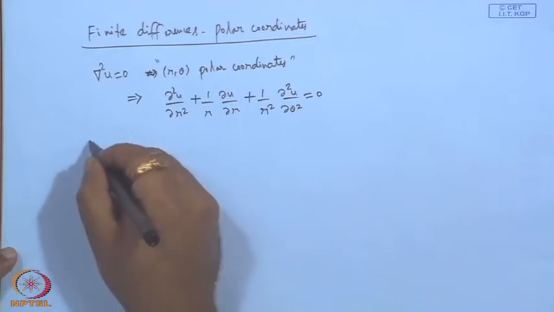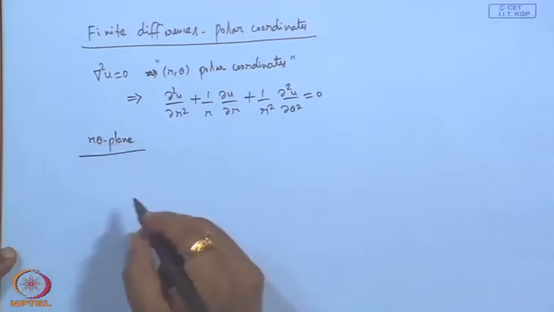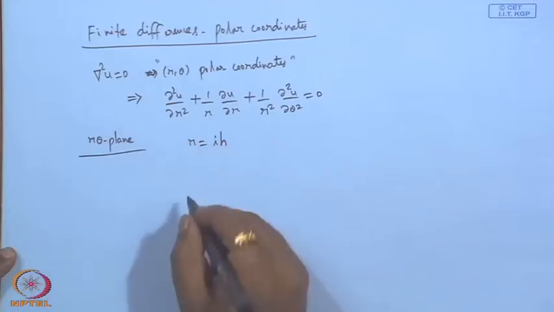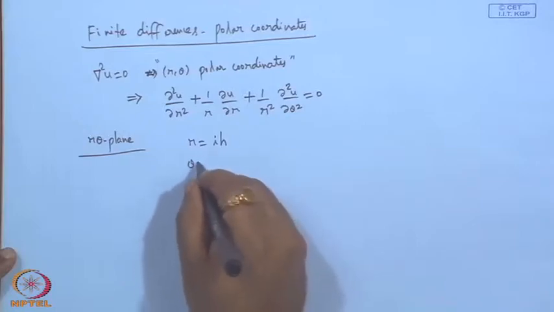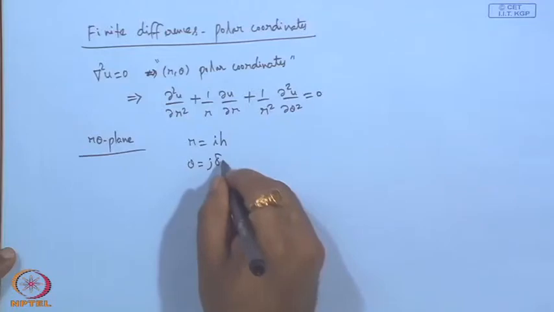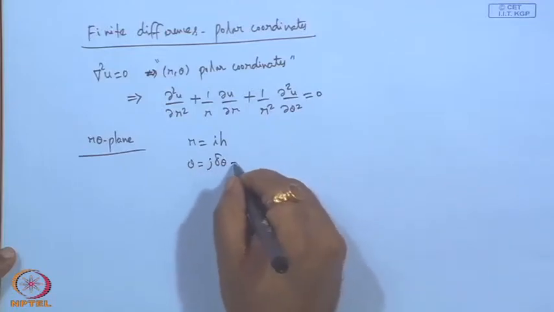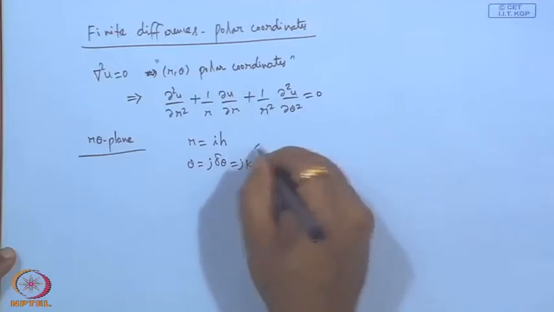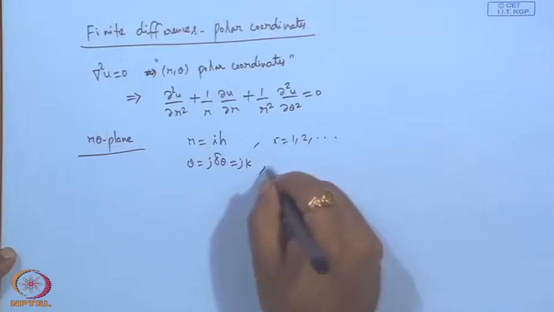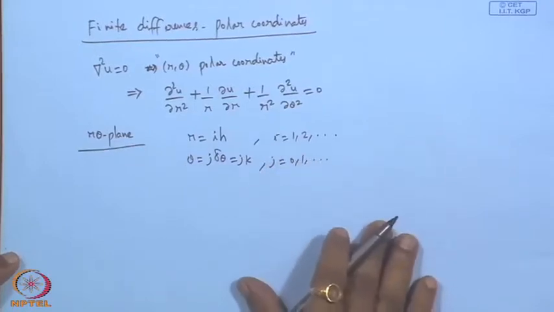Okay. So, if you consider the r theta plane, r as I h, maybe theta as j delta theta. So, we can call j k. Okay. So, where I is this and j is 0. So, what would be the corresponding discretization?